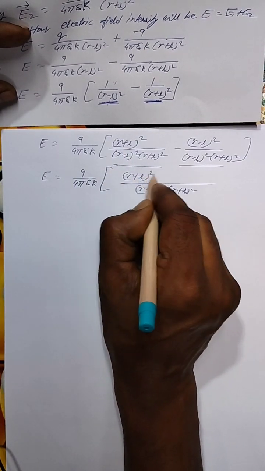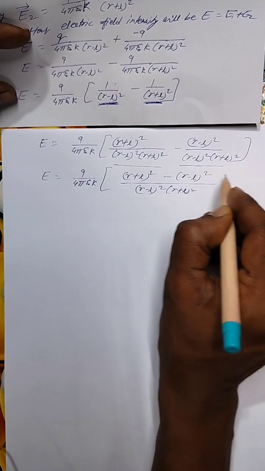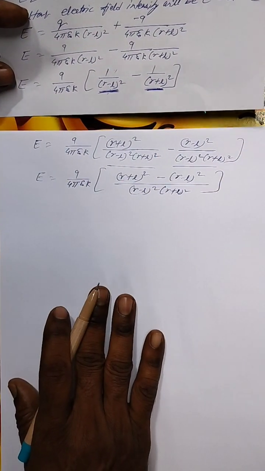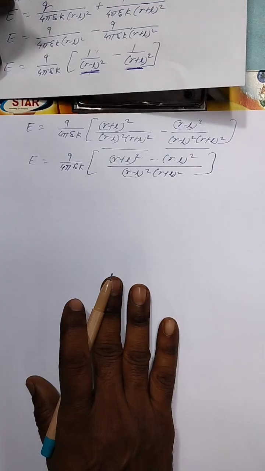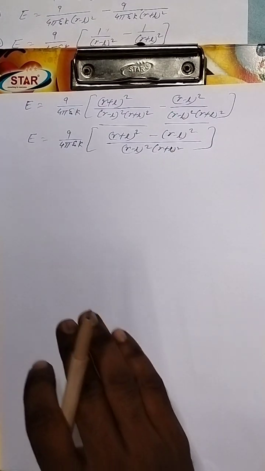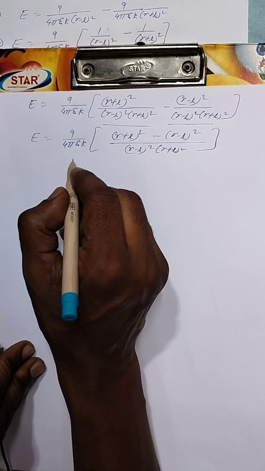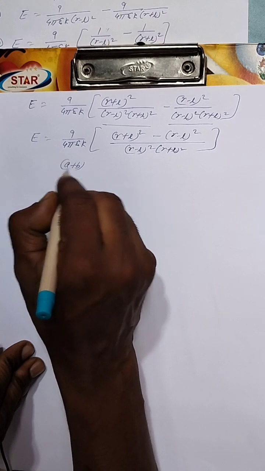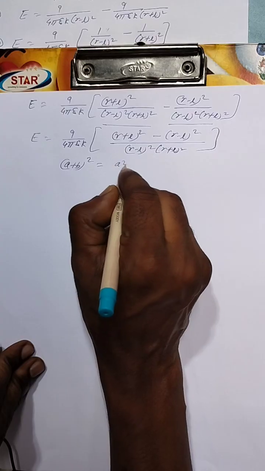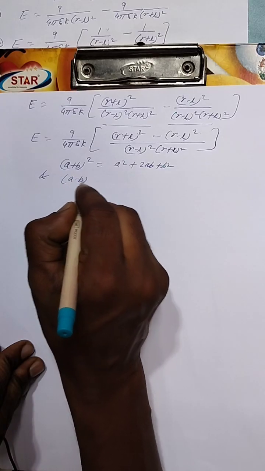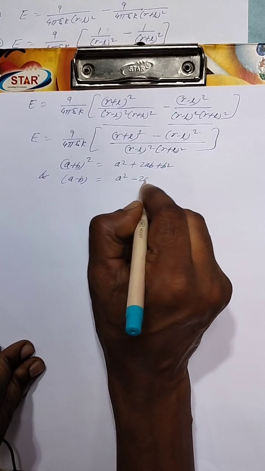Now consider the formula of (a plus b) whole square, that is a square plus 2ab plus b square, and (a minus b) whole square, a square minus 2ab plus b square.